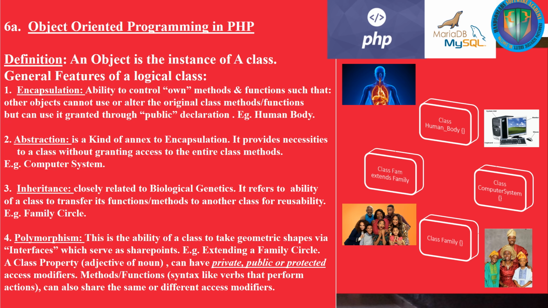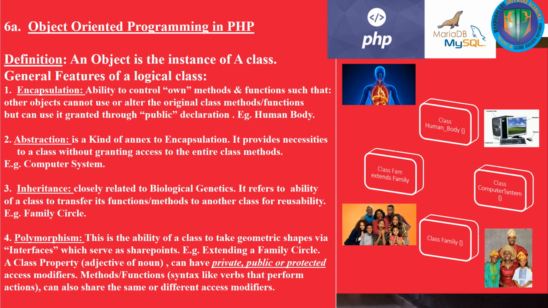Object-oriented programming in PHP. Now, the general concept about an object is that it is usually referred to as the instance of a class. Furthermore, there are certain general features of a logical class. For instance, encapsulation.